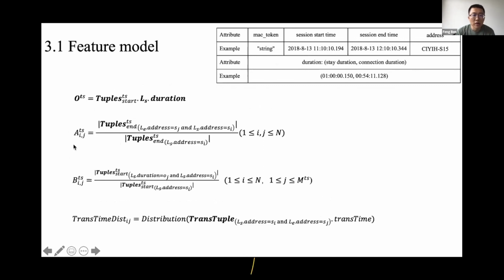So the maximum likelihood estimation of the hidden state transition matrix and the confusion matrix can be calculated according to the frequency. For the transition time between 2 locations, we can use the distribution from the empirical data to express them.